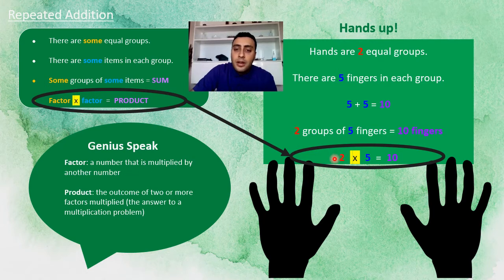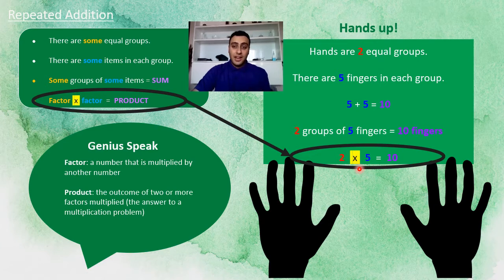2 here is a factor. Also, 5 is a factor. But this one, the answer, 10, is called the product. Okay, the product. Do you understand? This is the product. So what is the product of 2 times 5?